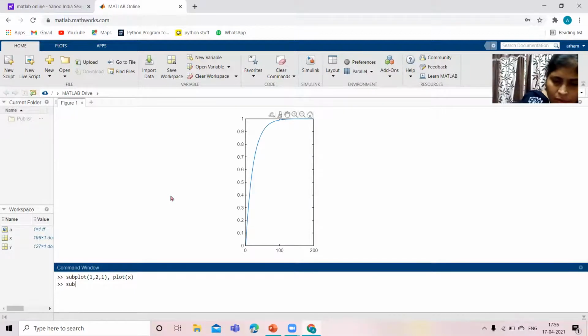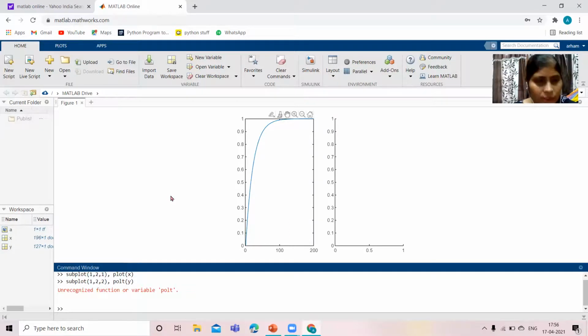Now I want to plot the impulse response in the same figure, so I'm using the subplot command. Now write plot Y. This is going to plot the impulse response also in the same plot.